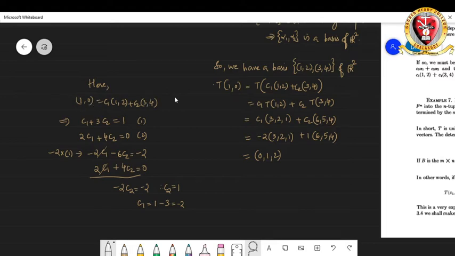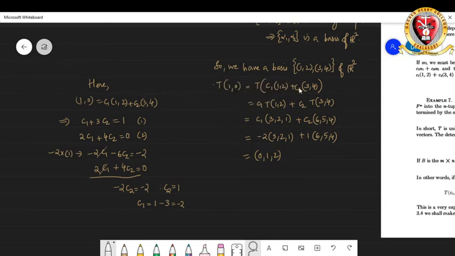Suppose we have the linear combination c1 (1, 2) plus c2 (3, 4) equal to ordered pair (1, 0). From that you can form a system of linear equations and solve for c1 and c2. Here you will obtain c1 is equal to -2 and c2 is equal to 1.